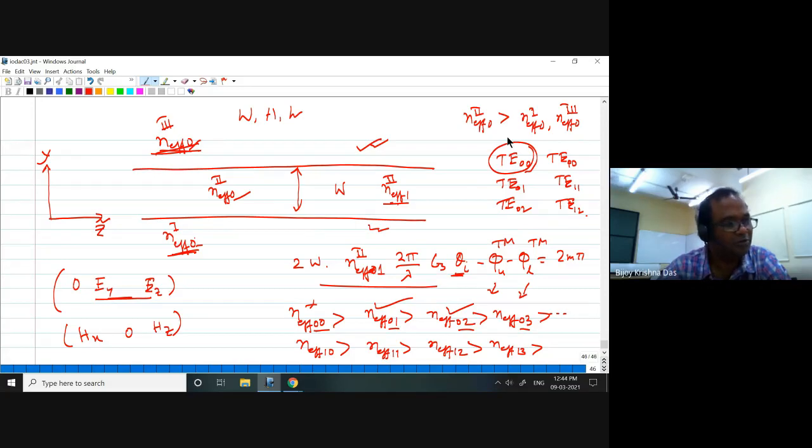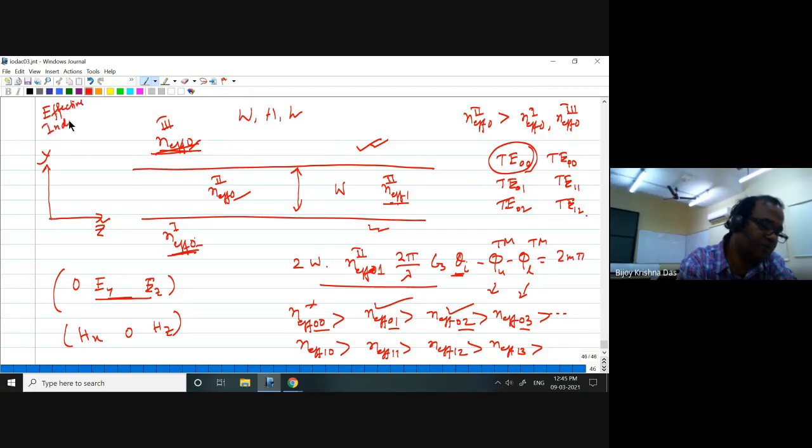Any doubt? Lot of things to think. So this is called the effective index method: analyzing a 2D optical waveguide using the effective index method. Until Maxwell solvers were available, people used this method for solving 2D optical waveguides, whether single mode or not.